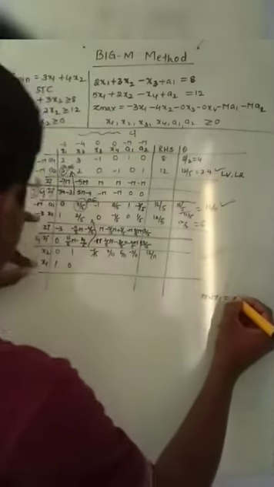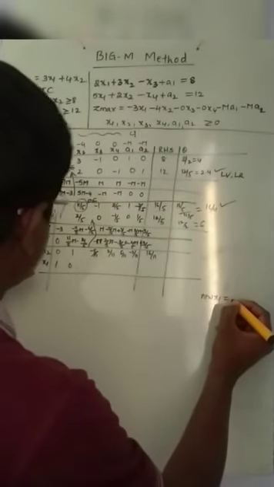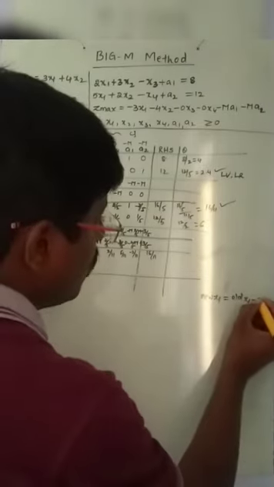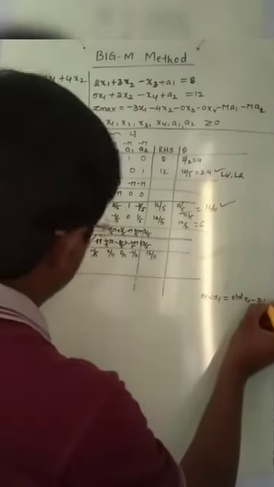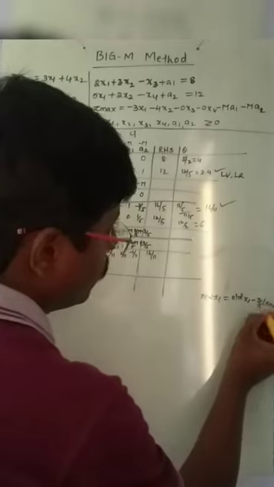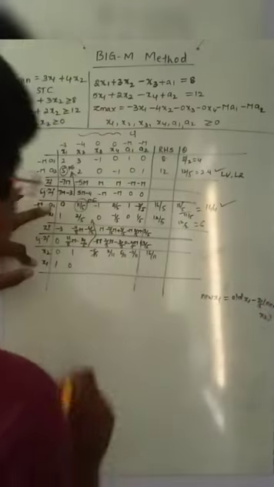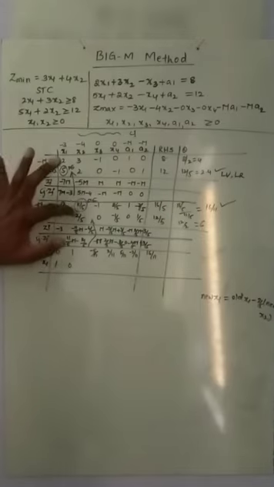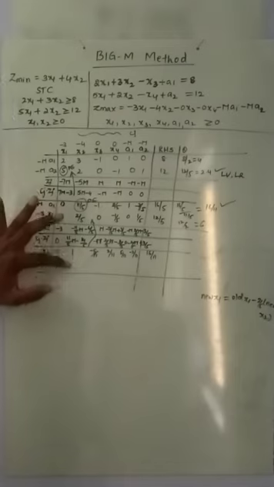by using old x1 minus 2 by 5 into new x2. If I do this operation, you will get 1 here: 1 minus 2 by 5 into 0, 1. 2 by 5 minus 2 by 5 into 1, you are getting 0.